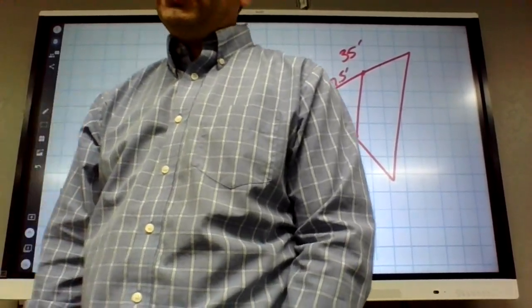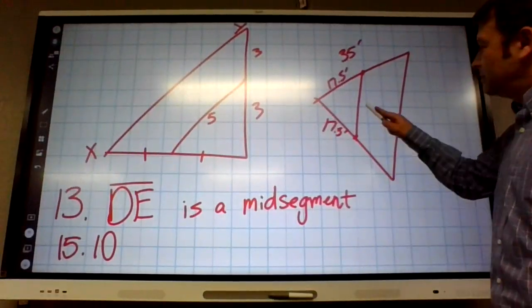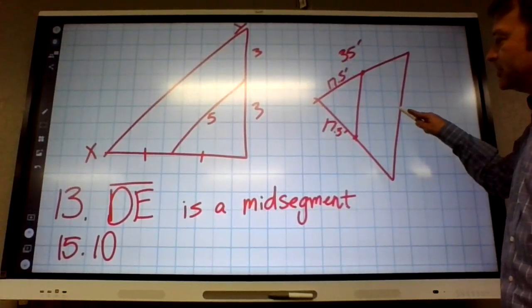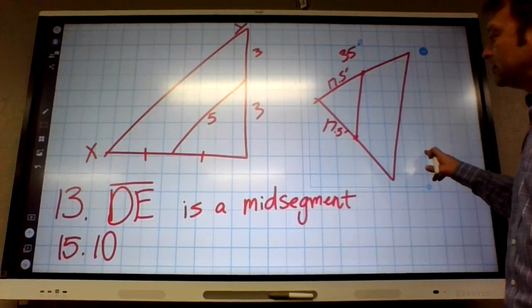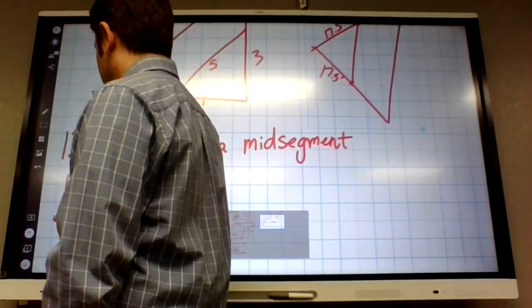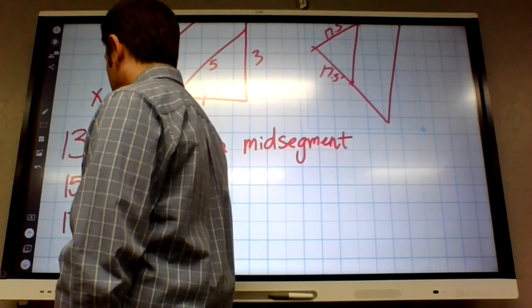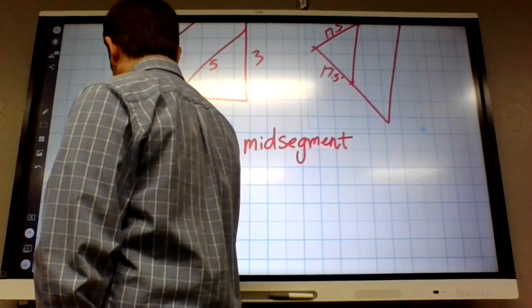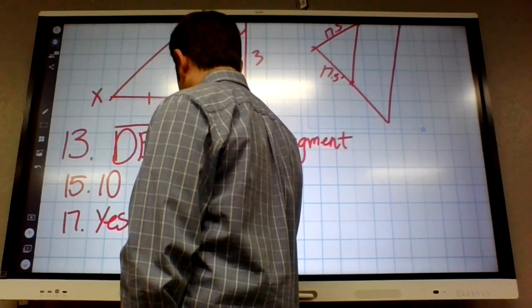Is the string parallel to the line of sight? Are these parallel? Yes, because the string is a mid-segment.